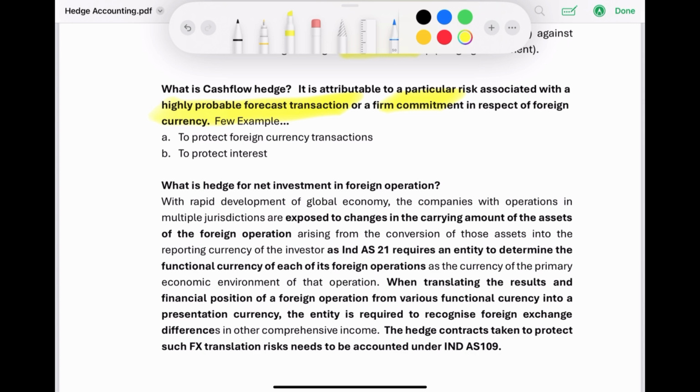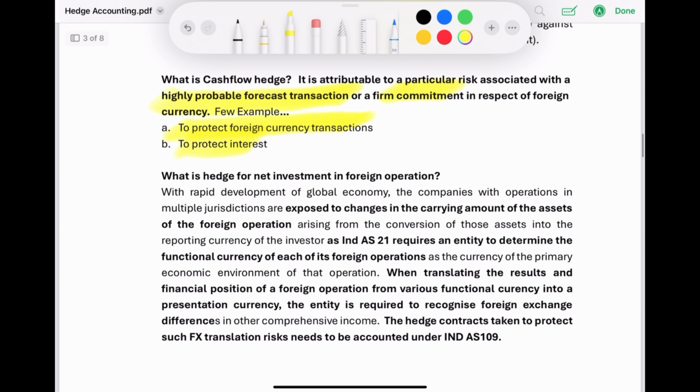It's still not there in the balance sheet, but the entity expects some risk and wants to cover those risks by taking some derivative assets. In that case, it's called a cash flow hedge. For example, to protect future foreign currency transactions and to protect any future interest liabilities.